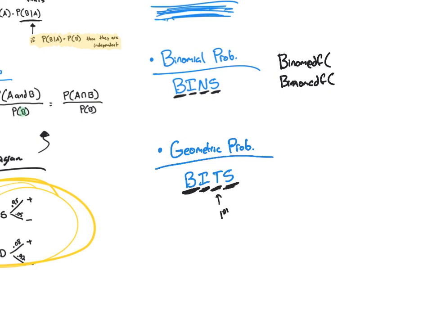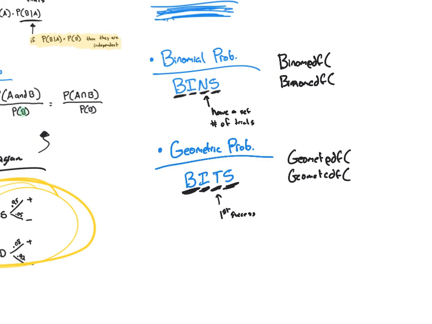I'm looking for the first success. With binomial, we have a set number of trials. That's what makes these different. And this has a geometPDF and a geometCDF for those.